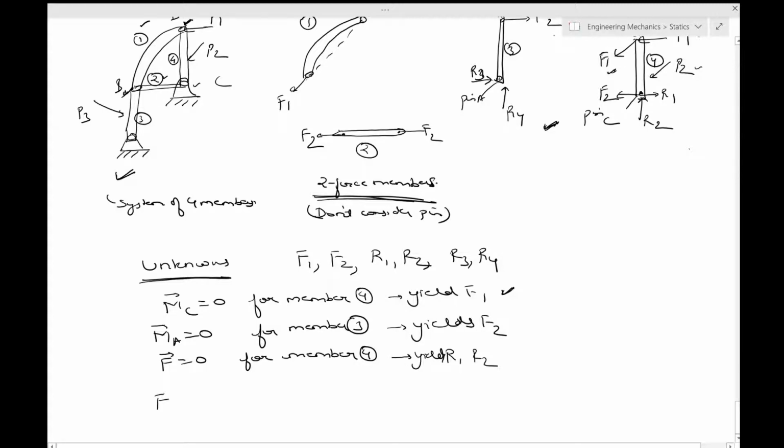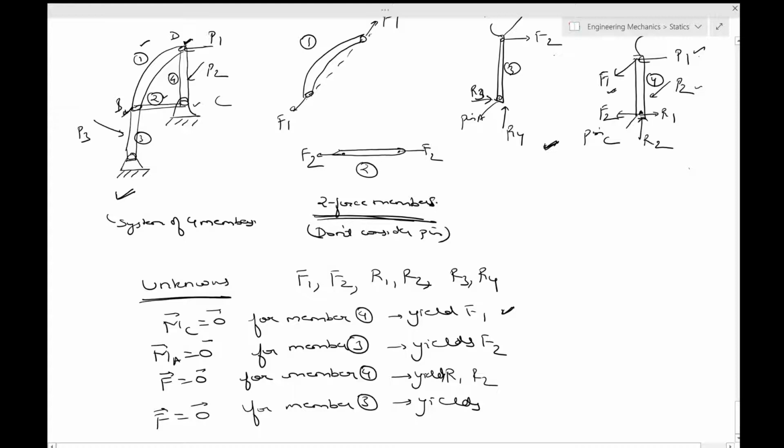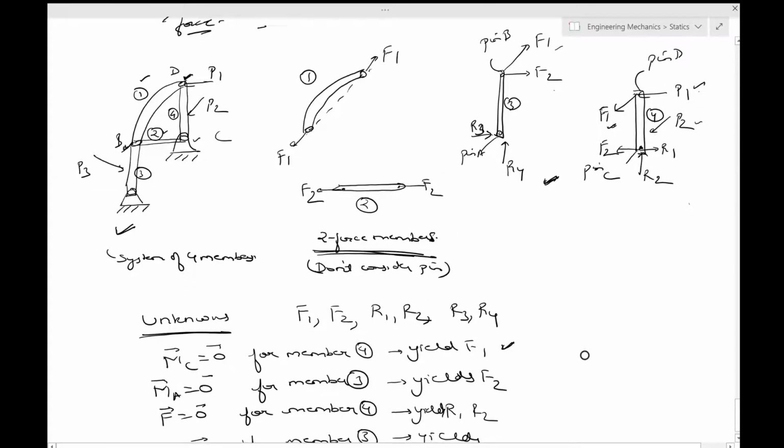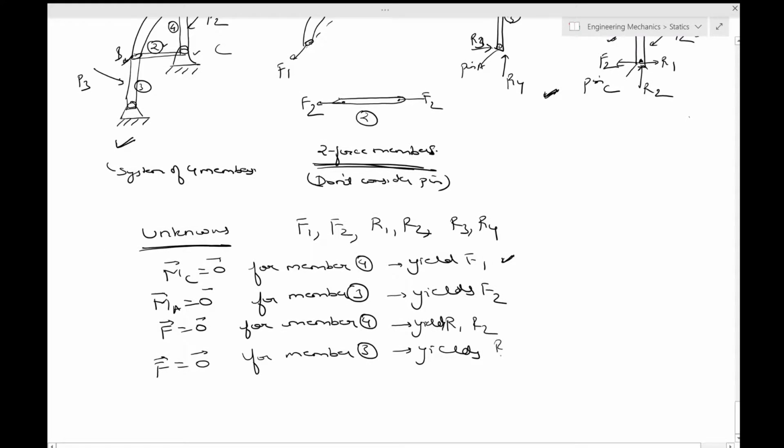Similarly, sum of F equal to 0 for member 3 yields R3 and R4, because F1 and F2 have been found out, R3 and R4 are the only unknowns. So that is how we can approach the frames and mechanisms, and there are several solved examples in the text which you should be looking at.